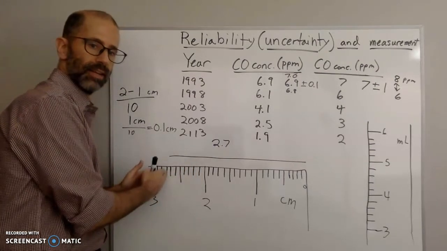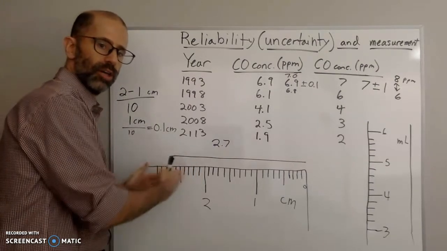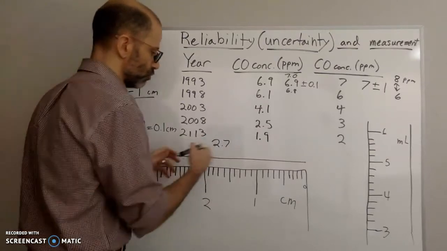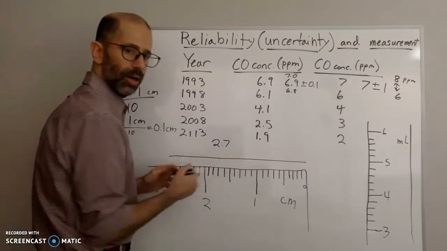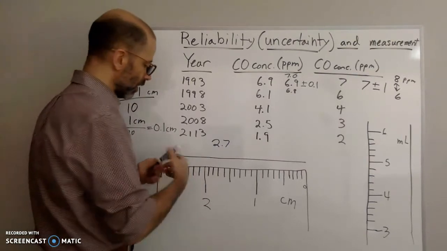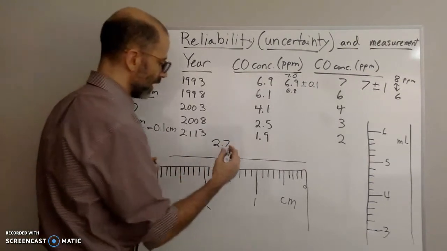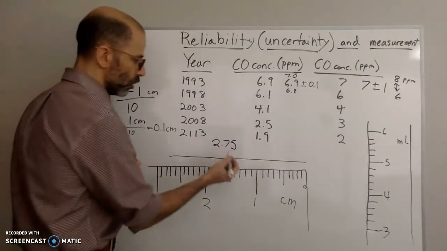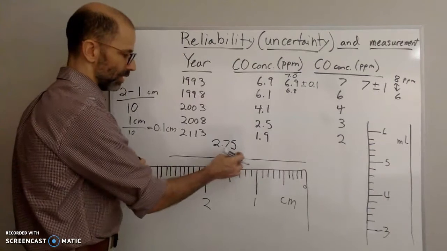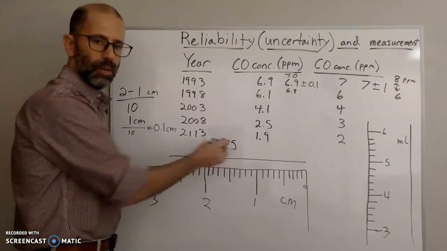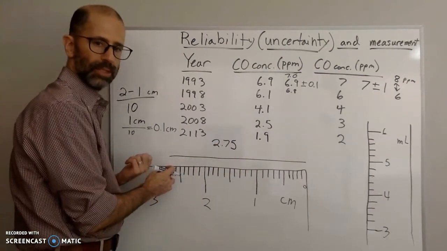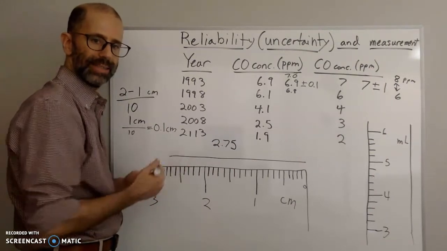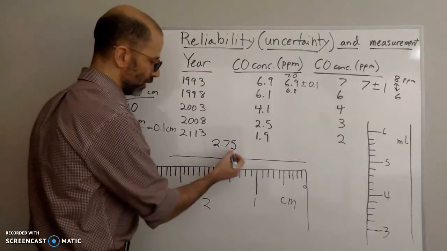So if it's in the middle, then I might say, oh, this is 5. This last digit I estimated. That 5 is an estimate. Someone else could say, maybe it's a 4, or oh, it's a 6, right? It's an estimate. So there's wiggle room in here.